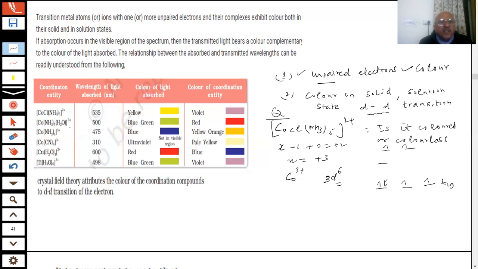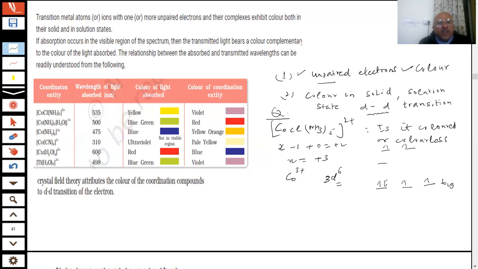As the ligands change, different wavelengths are absorbed. For hexacyanido cobalt, the wavelength absorbed is 310, ultraviolet, which is not in the visible, so you get pale yellow.